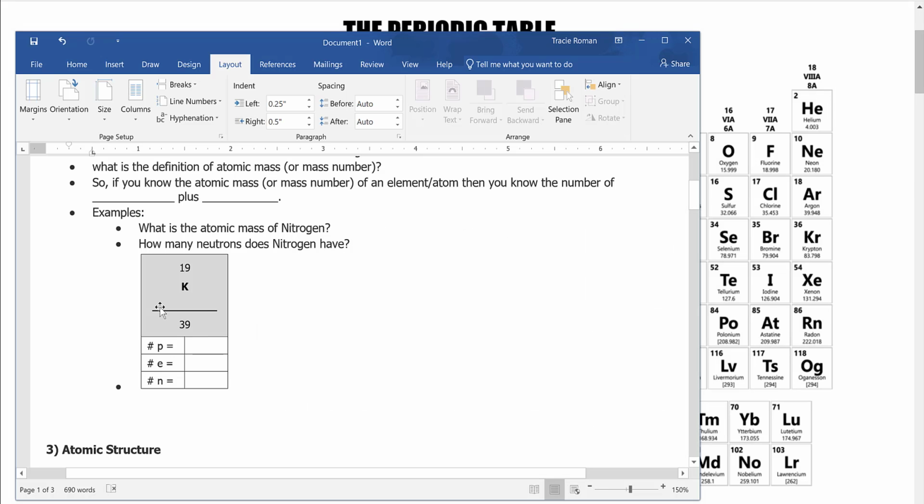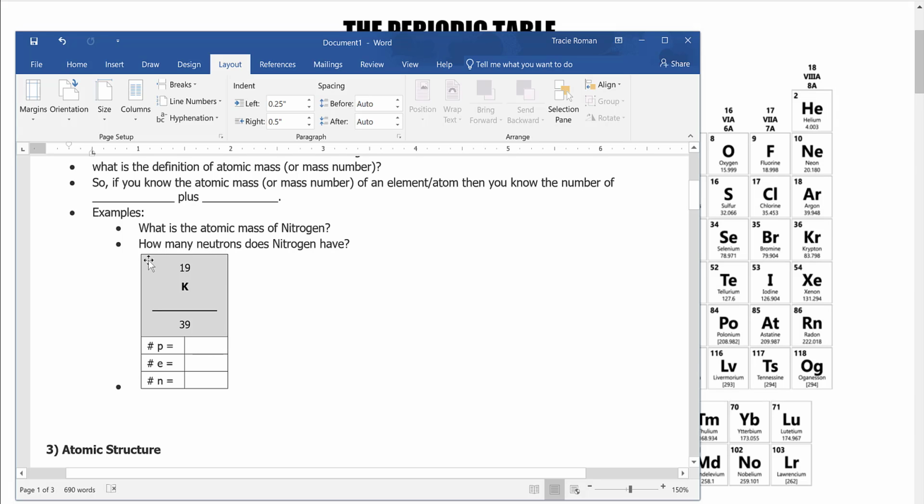So we could write potassium here in this line. 39 is the mass number or atomic mass, and that's the number of protons plus neutrons. The number of protons is always equal to the atomic number. So the number of protons would be 19.